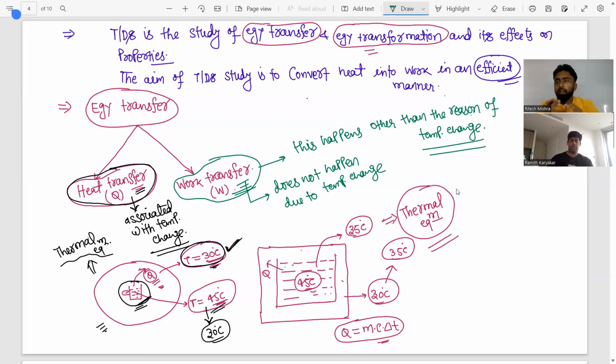If the temperature of two devices is the same, there is no temperature difference between them, but we see that there is energy transfer between the two devices, then that energy transfer is called work transfer. A practical example of work transfer is in a turbine. In a turbine, we get work.